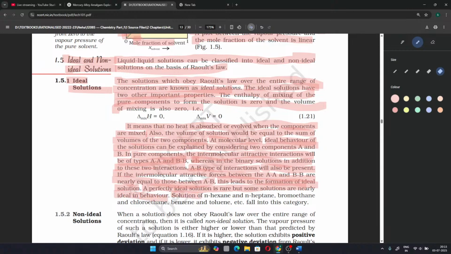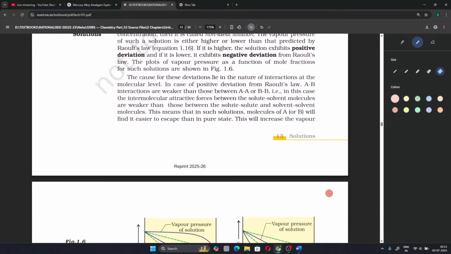A mixture of n-hexane and n-heptane, basically n meaning straight chain hexane and heptane, bromoethane and chloroethane, benzene and toluene, etc. fall into the category of ideal solutions.